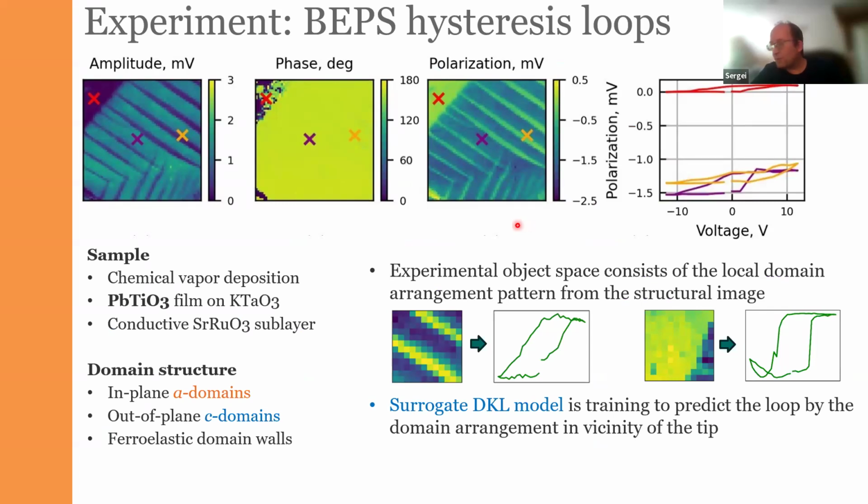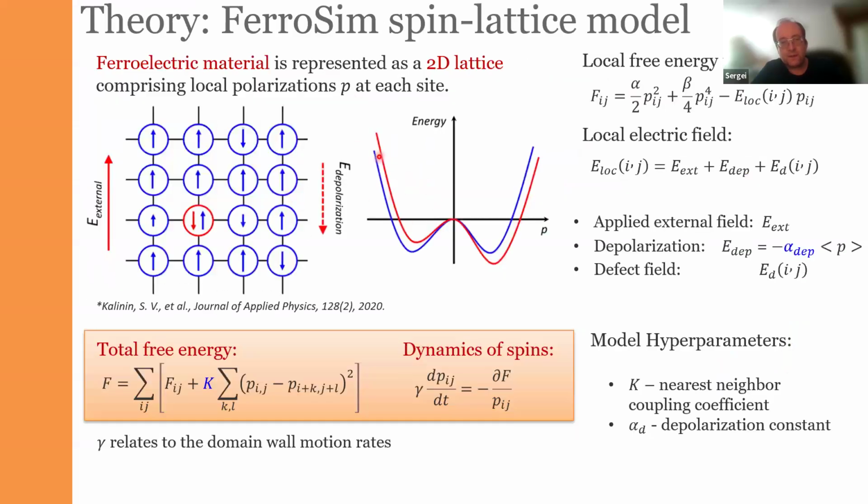I'm not going to go through the detail because this is highly specific to the system, and we had to choose the model that we have access to and the experiment that we have access to. But generally, the model is something that is easy to compute. It is just a combination of the Ising and the Ginzburg-Landau model.